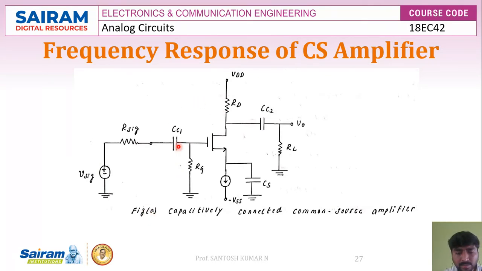This figure shows the capacitively coupled common source amplifier. Here CC1 and CC2 are coupling capacitors, which act as bypass capacitors, block DC, and allow only AC to pass through. We assume that CC1, CC2, and CS act as a short circuit for all frequencies of interest.